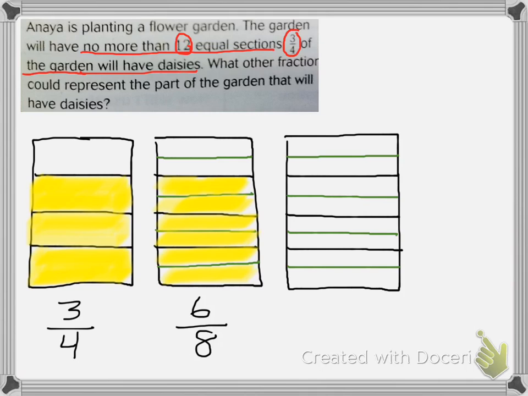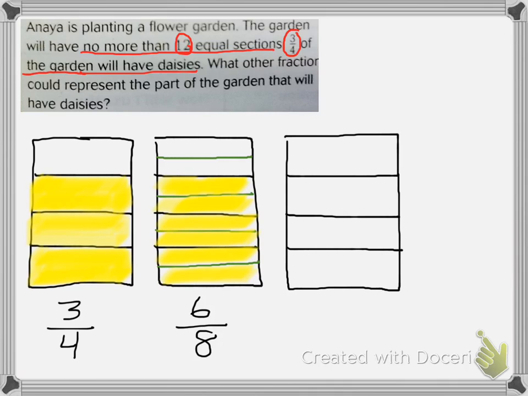That's 8 parts again, but I need to make another equivalent fraction. Oh, wait, what does it say? No more than 12 equal sections. Oh, darn. I'm going to erase those. Go back. Take the greens out of there. No more than 12 equal sections.